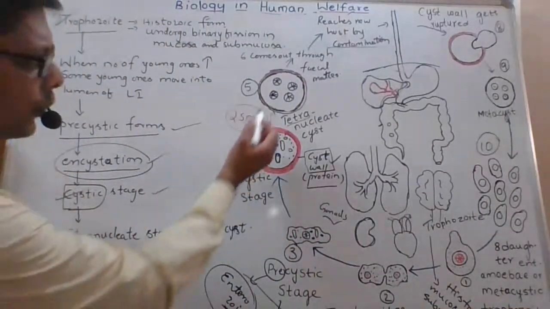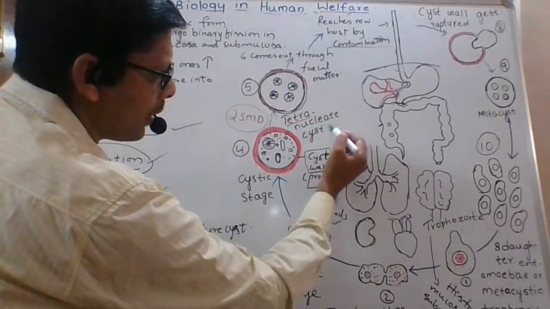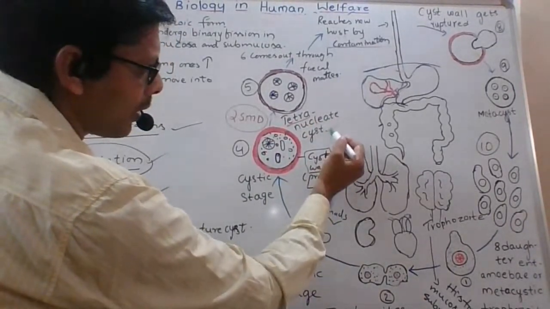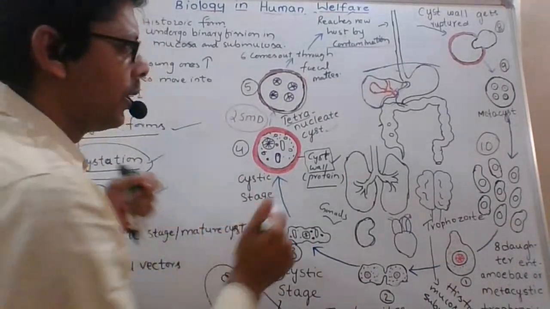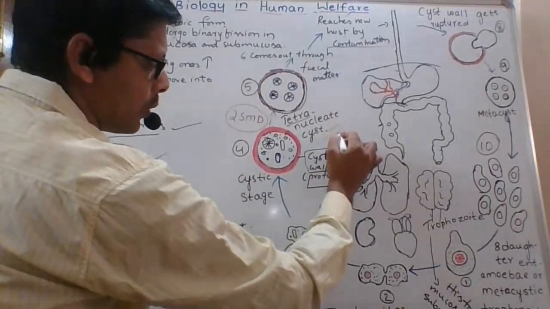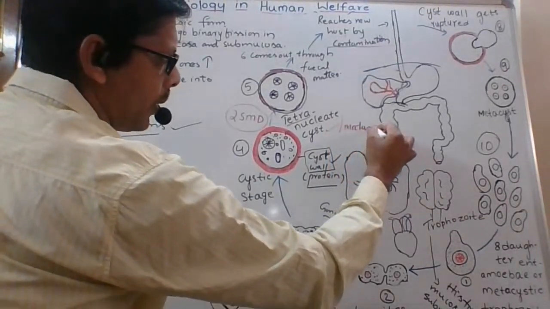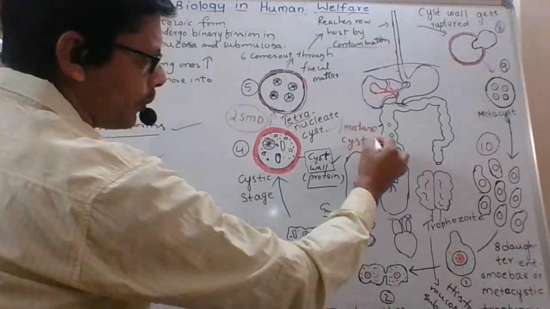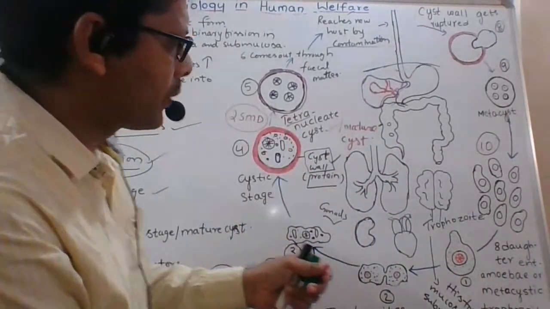As a result, 4 daughter nuclei are formed, and this stage is called the tetranucleate cyst. This tetranucleate cyst is also called the mature cyst.